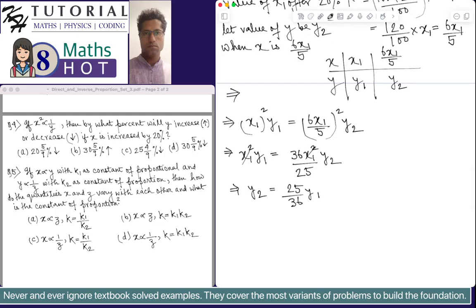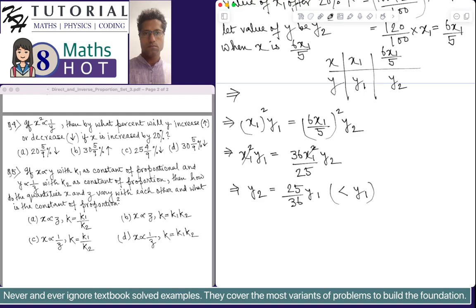Now clearly we can see that y2 is equal to 25 by 36 multiplied by y1. So this will definitely be less than y1 because the fraction 25 by 36 is a proper fraction and any proper fraction is less than 1.